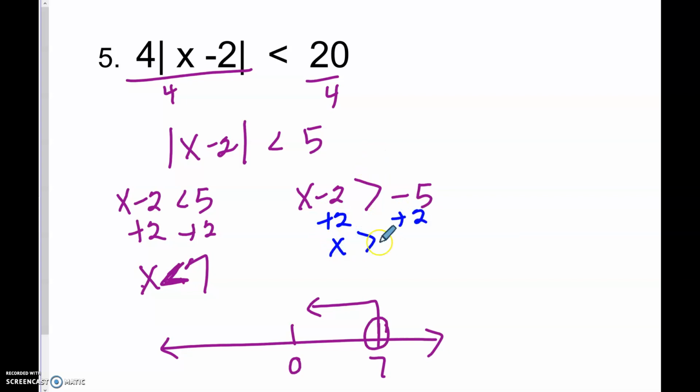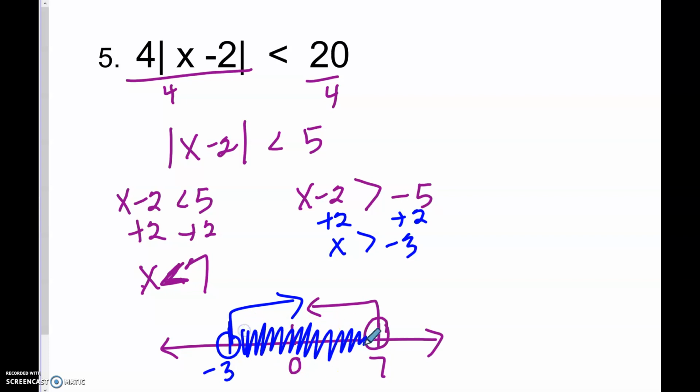So we get negative 5 plus 2 is a negative 3. So we're down here at negative 3, open circle, and shading to the right. So these are crossing, overlapping. So we want everything between the numbers negative 3 and 7.